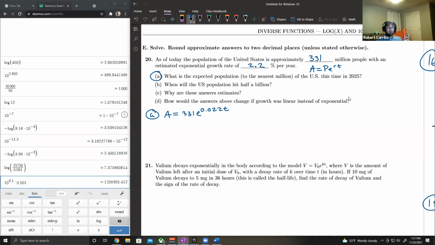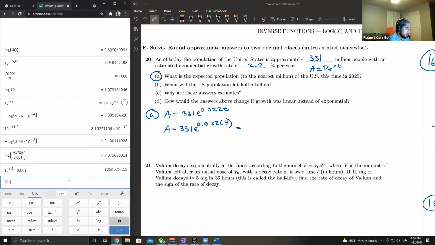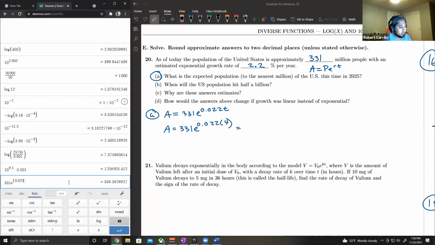And if we want to know what the expected population will be in 2025, well, if this is 2021 and 2025, what will we plug in for t? 4. So you'd have 331 times e to the 0.022 times 4. And let's see. 331 times e raised to the 0.022, parentheses are important, times 4.